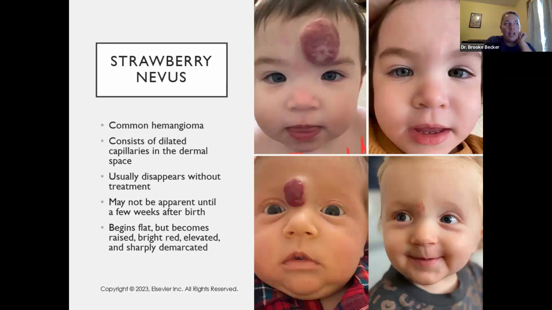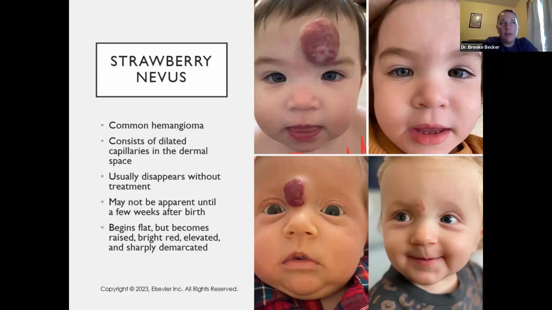Okay, a strawberry nevus, this is also called a hemangioma. Some kids, you can see the difference. Hemangiomas can start and almost look like a more red bruise, and then it starts to become more prominent and more elevated and raised.